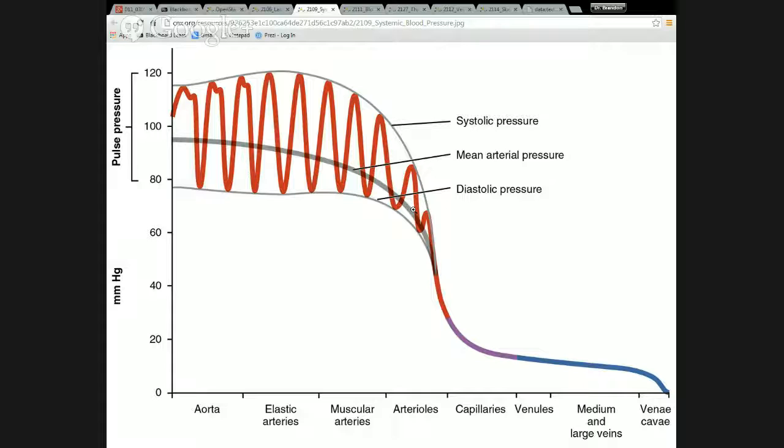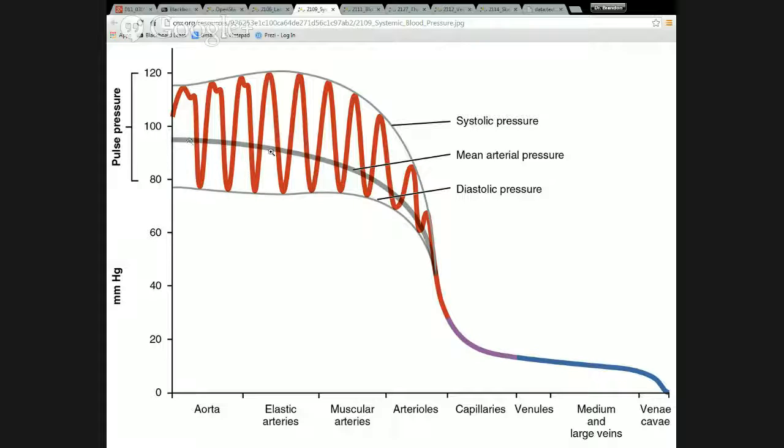Okay. You're not going to be asked to calculate mean arterial pressure. I did it more so that you understand that it does represent less than the simple average between 120/80, representing what's actually going on in the heart. Okay.